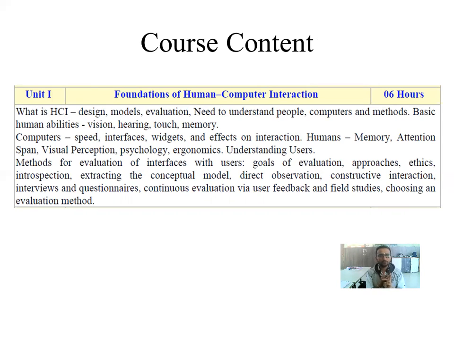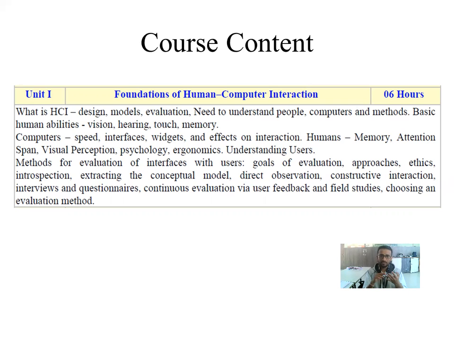Then we are going to have the introduction to computers, right? The computers we are going to discuss with respect to their speed, their interfaces, their widgets, and the effects on interaction that those computers have. Okay, so all these things we are going to discuss under unit number 1. Then we are also going to discuss methods for evaluating interfaces with users.